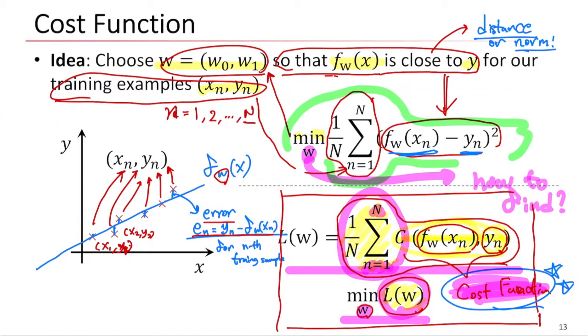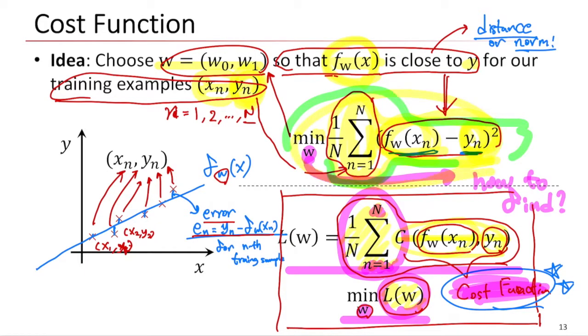Okay. So for example, if we have a training sample xn and yn, where yn is the output we want to estimate, and if we have the mapping function something like this, let's say f_w of x, then our cost function is going to be the distance between the estimated value and the ground truth value, and we aggregate those distances across every sample within the training data.